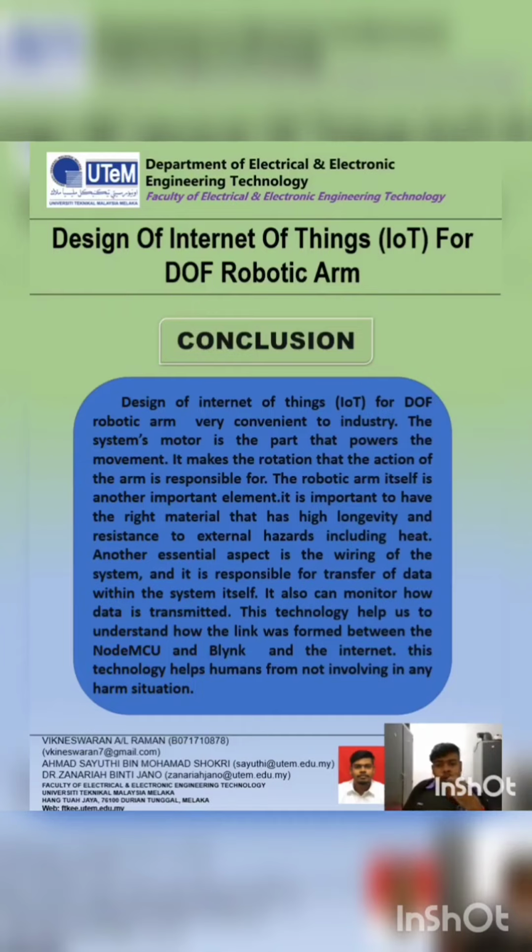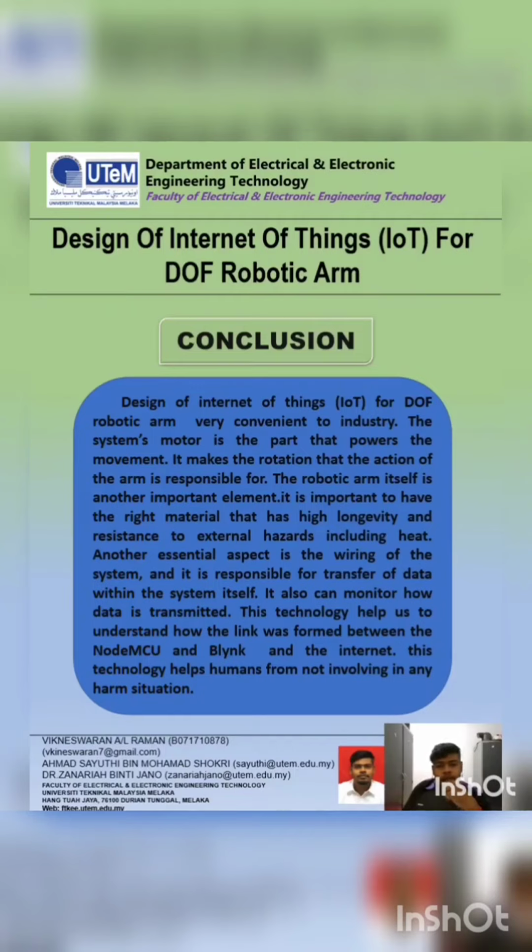The robotic arm itself is another important element. It is important to have the right material that has high longevity and is resistant to external hazards including heat. Another essential aspect is the wiring of the system, which is responsible for the transfer of data within the system itself. It can also monitor how data is transmitted.